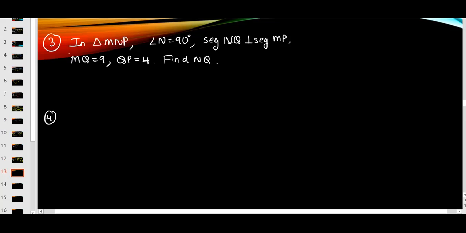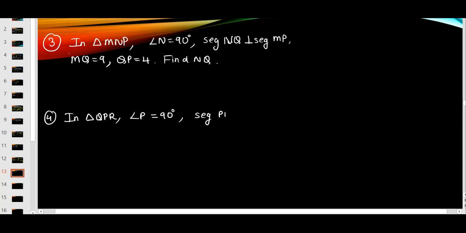You should learn how to draw the diagram. And the fourth question is, in triangle QPR, angle P is equal to 90 degree.